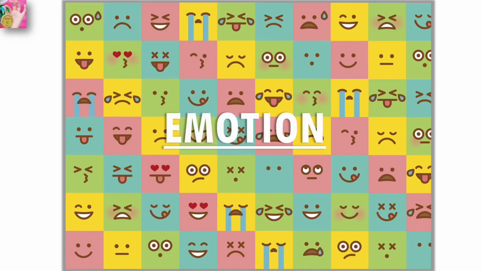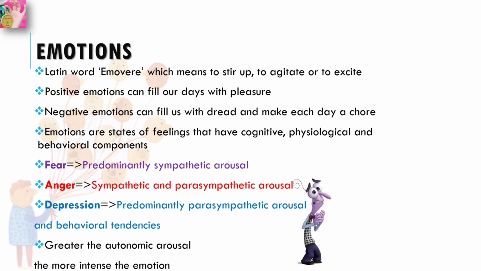emotions. Okay, emotions color our life. We all know that emotions color our lives, and we are green with envy, red with anger, blue with sorrow, and positive emotions such as love and desire can fill our days with pleasure, whereas negative emotions such as fear, depression, and anger can fill us with dread and make each day a chore.